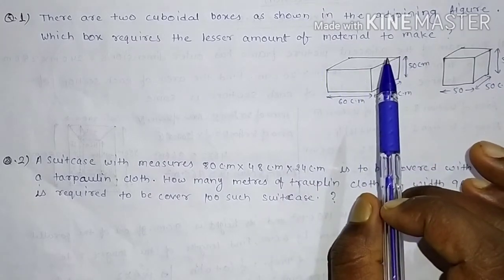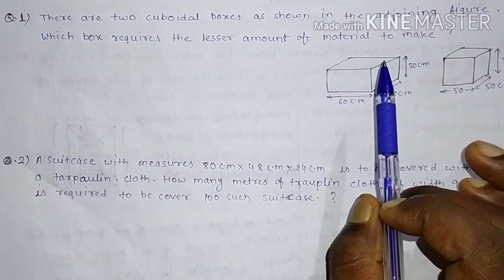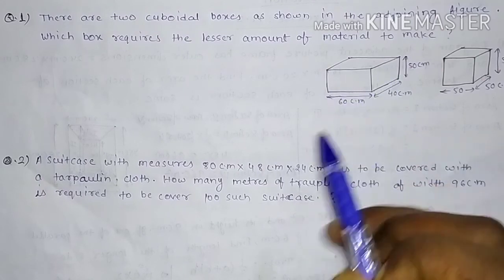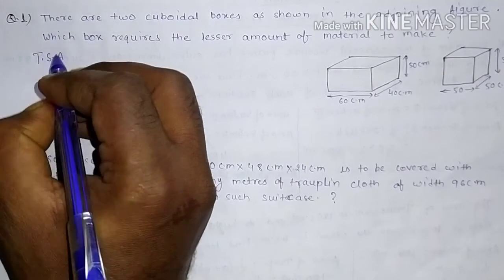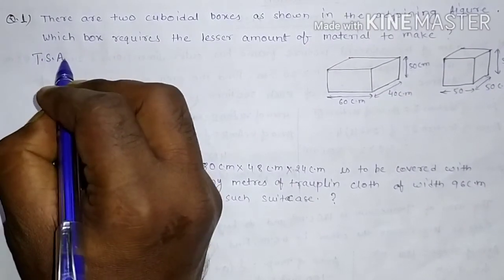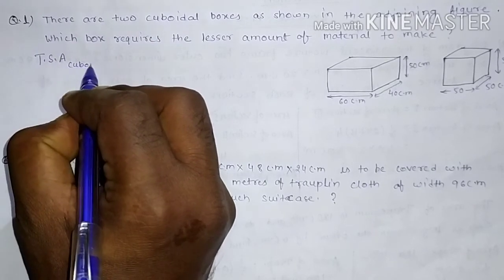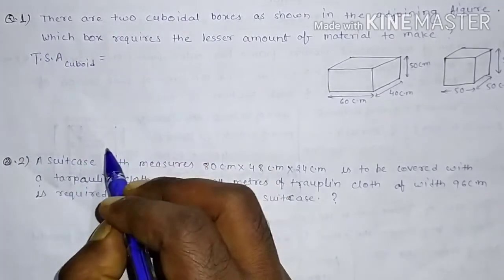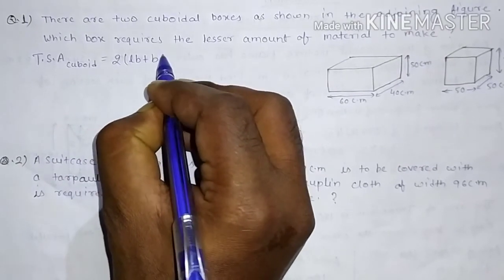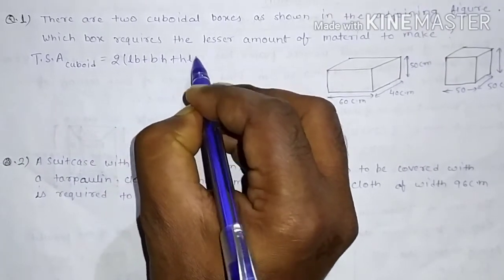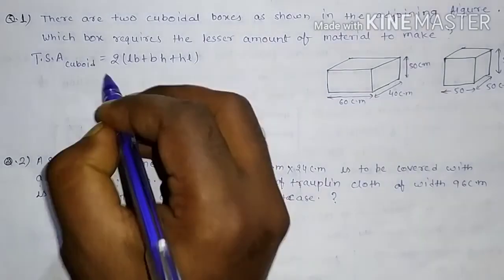First of all, we have to find the total surface area of the cuboid. TSA of cuboid equals, the formula is 2(lb + bh + hl).